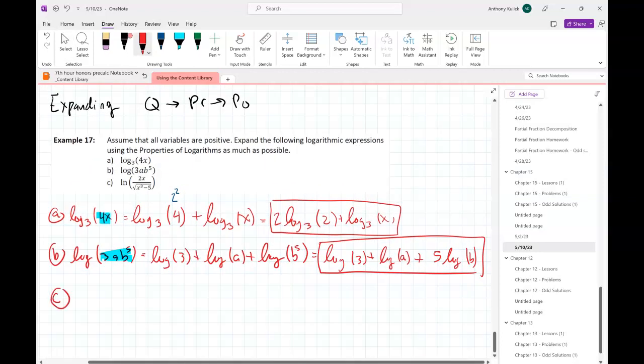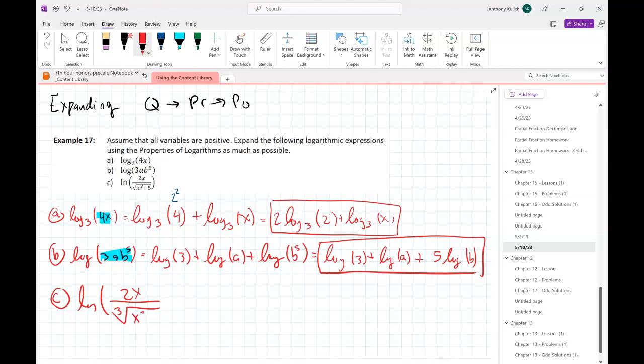And then let's do the last one here. Okay, first thing we look for inside the logarithm is quotient property. I definitely see division going on there. So what we're going to do is we'll write that as log of the numerator minus log of the denominator.